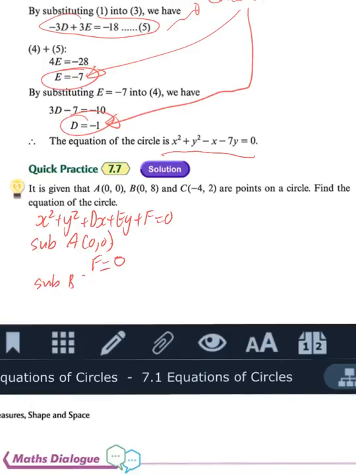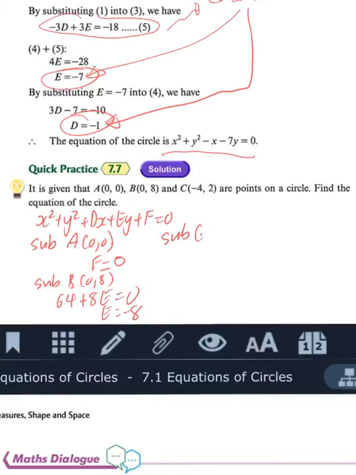Substitute B (0, 8): 64 plus 8E plus F equals 0, and F is 0, therefore you will get E equals -8. Then substitute E equals -8.